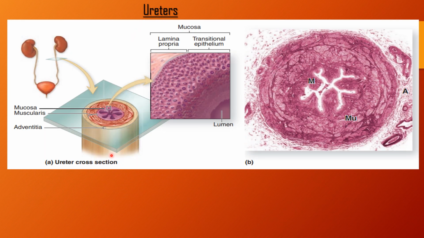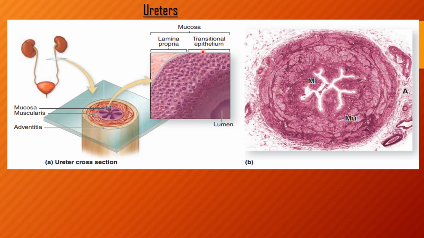Ureters. In this diagram we can see the cross section of the ureter. In this section we will see the layers of the ureter. The innermost layer is the mucosa, then the muscularis and the adventitia. Again, the mucosa has two layers, the transitional epithelium and the lamina propria.